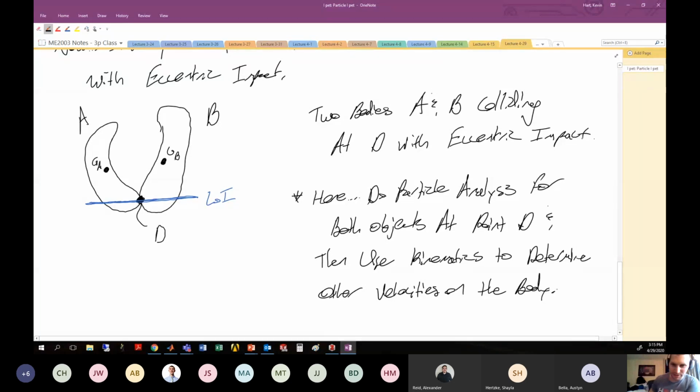All right, so velocities here, I'm including both linear and angular components. All right, can you deal with that?